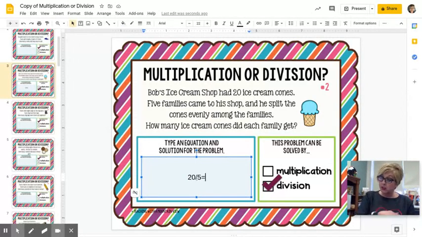That's why we learn our multiplication facts, because we can turn them around to help us solve division facts. If you know that, the answer is 4. 4 times 5 is 20. So 20 ice cream cones divided by 5 families is 4. That means each family is going to get 4 ice cream cones. And that's how I would solve that.